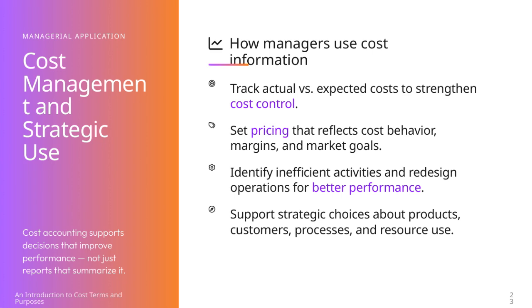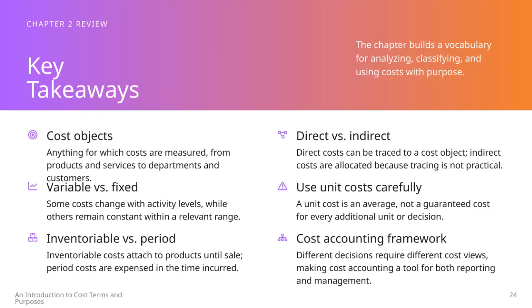This chapter really focuses on building a solid vocabulary to help us analyze, classify, and use costs effectively. First, we talked about cost objects, which are basically anything we want to measure costs for, whether that's products, services, departments, or even customers.